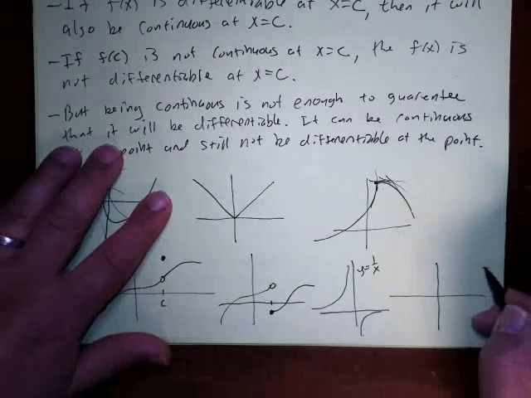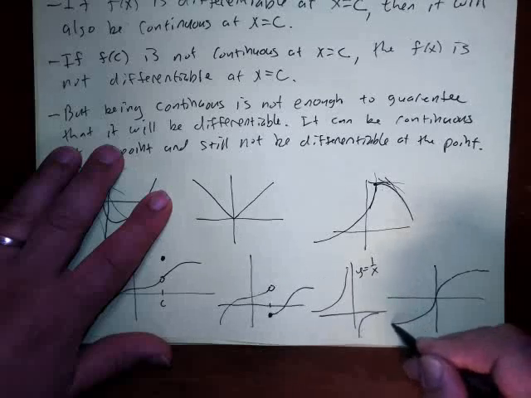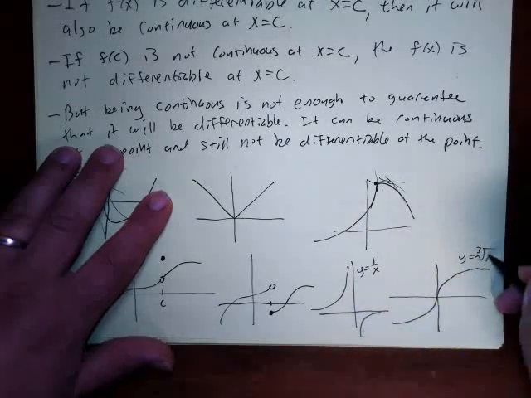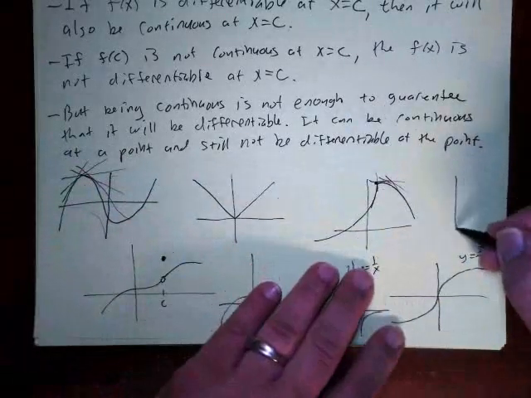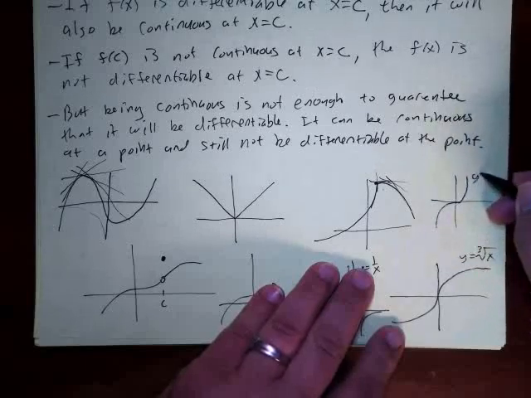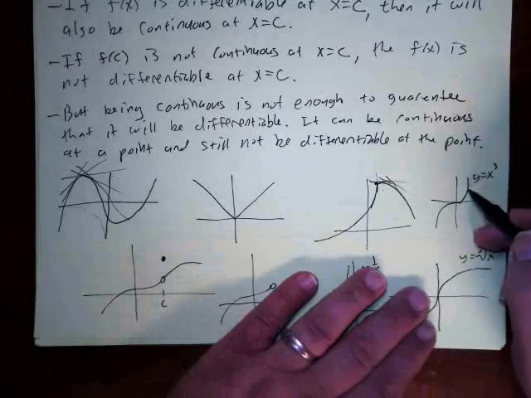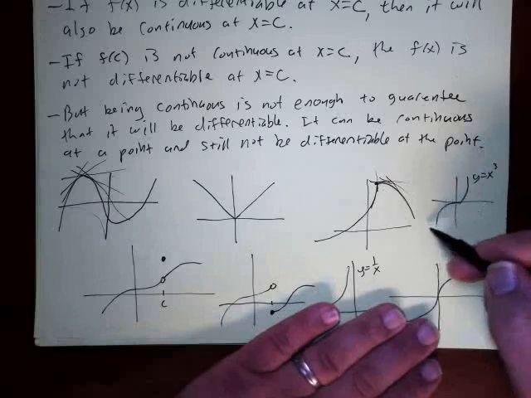One other one, which is less clear, is the graph of y equals the cube root of x. If you flipped it around, it would be y equals x cubed. This would be continuous, it would be differentiable at every point, and it would have a horizontal tangent line here.